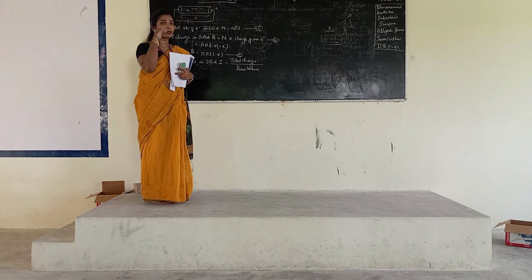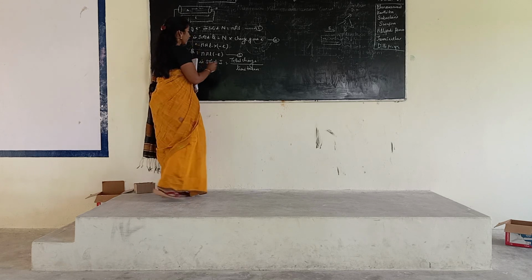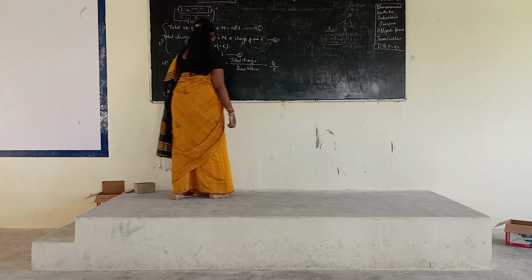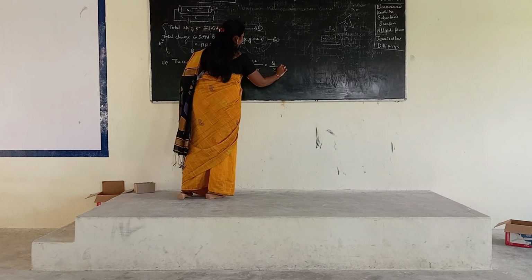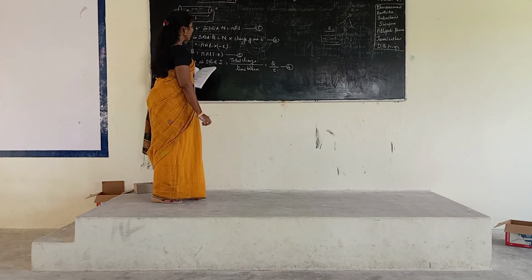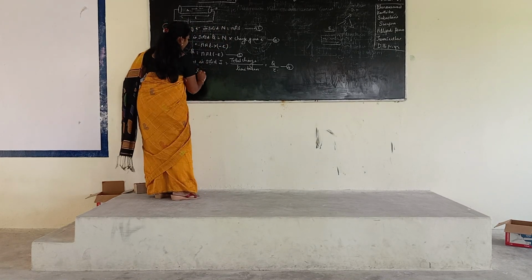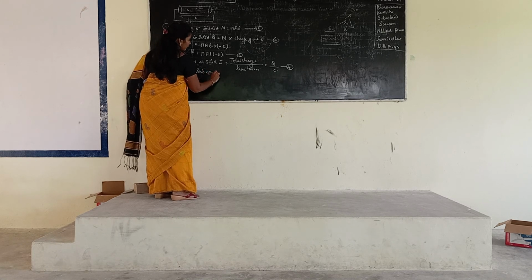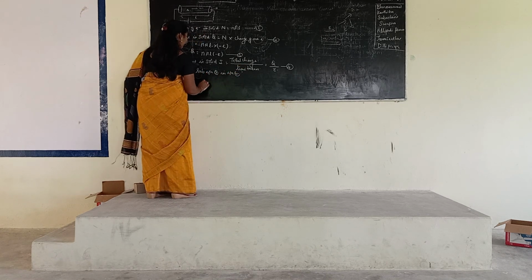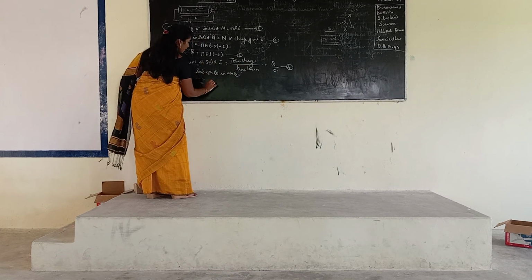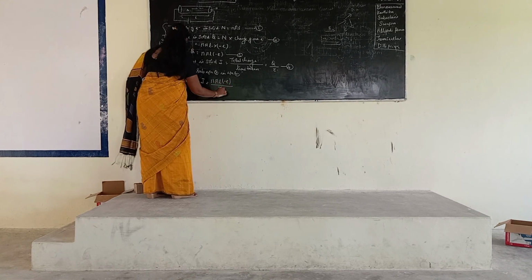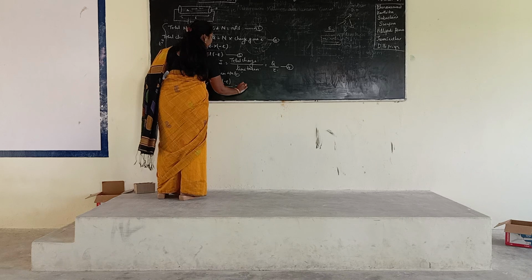Then the total charge Q divided by t is equal to I. This one is the fourth equation. Now substitute equation 3 in equation 4. So what do you get here? I is equal to nAL into e divided by small t. So this one is the fifth equation.